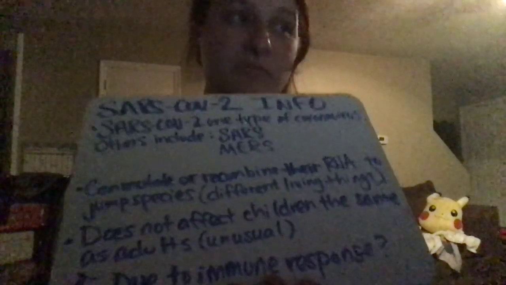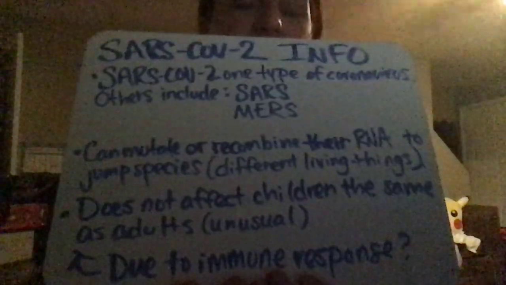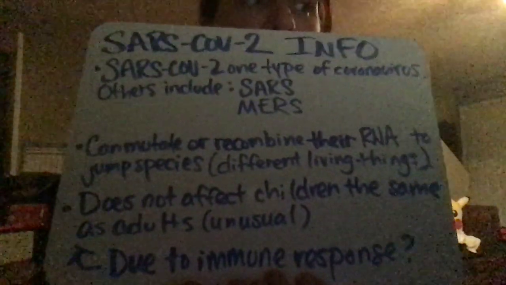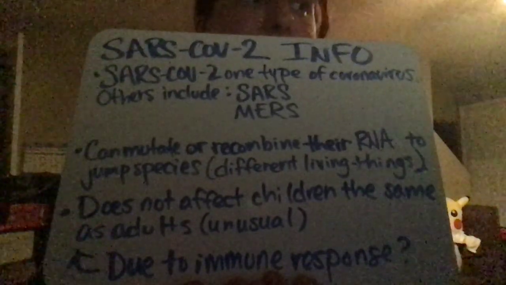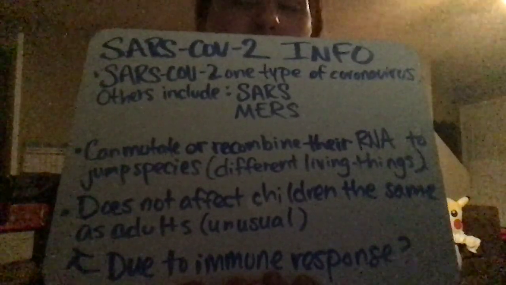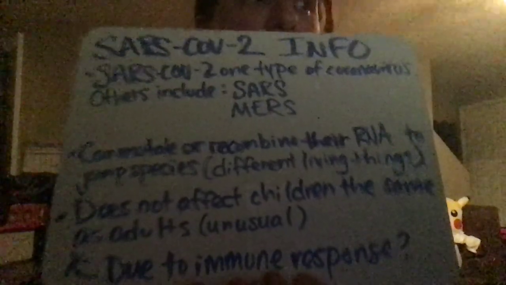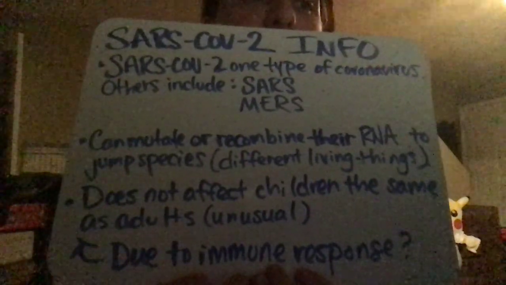But the coronavirus, the SARS-CoV-2 that we have right now, does not affect children the same way as it affects adults, which is unusual. They think the reason for this is due to immune response. So basically our bodies, anything past children or teenagers or so, the immune response overreacts, it freaks out.